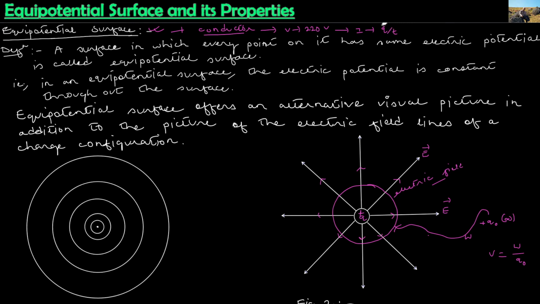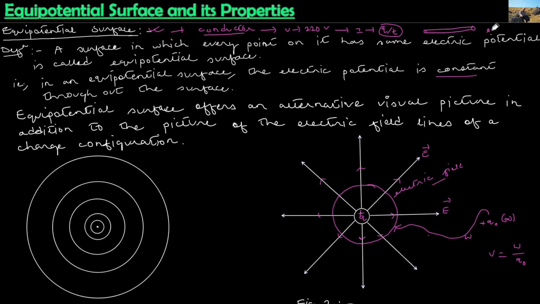The amount of charges which flows inside the surface of these wires will be in such a way that the potential throughout the surface of the wire will always be constant. So this is the most important concept of equipotential surface.